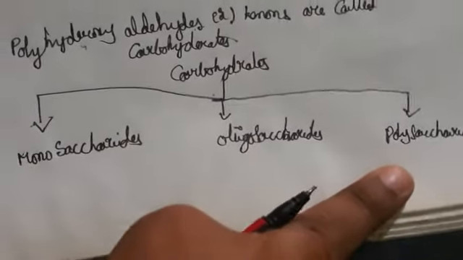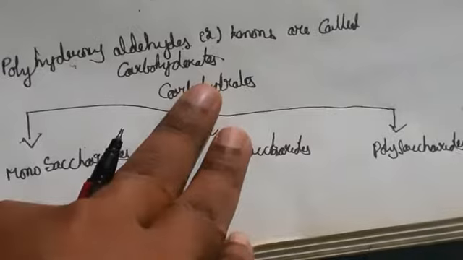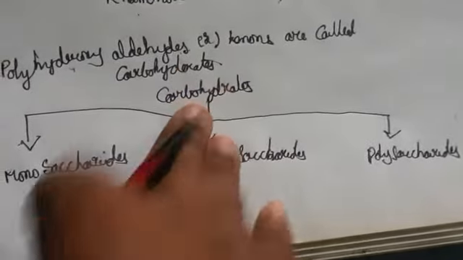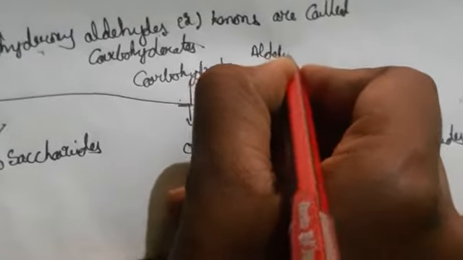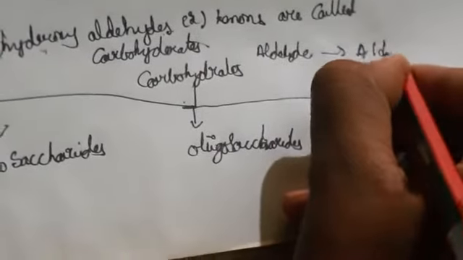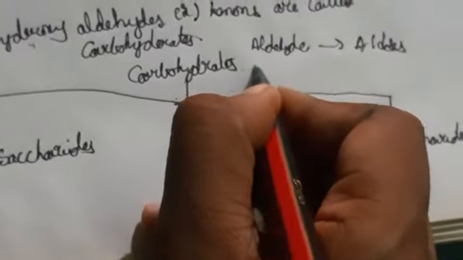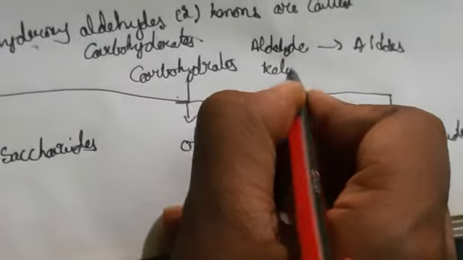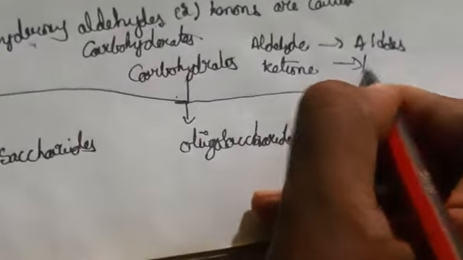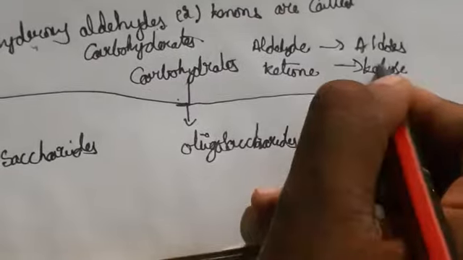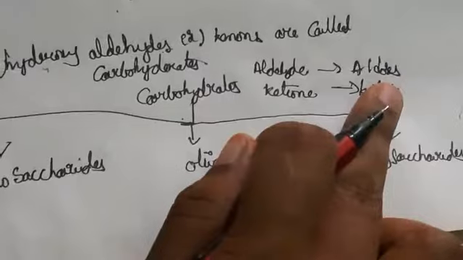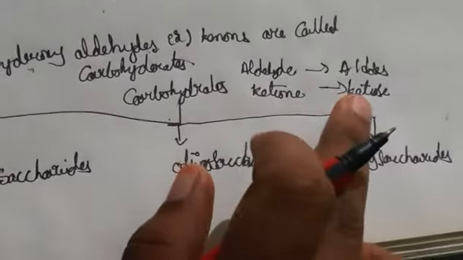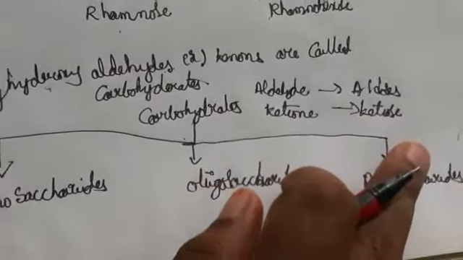Okay, so monosaccharide. Generally, if a carbohydrate contains an aldehyde group, we call it aldose. If it contains a ketone group, we call it ketose.